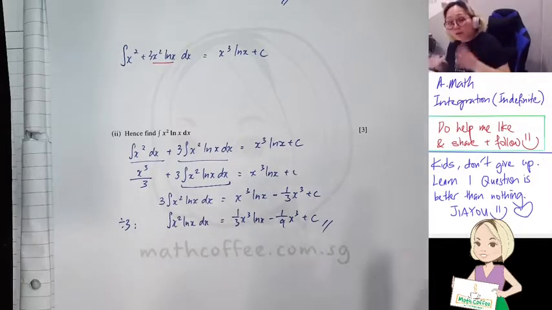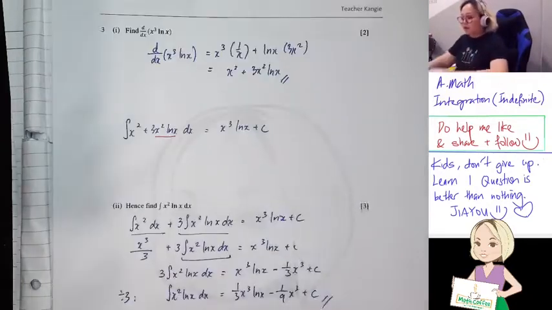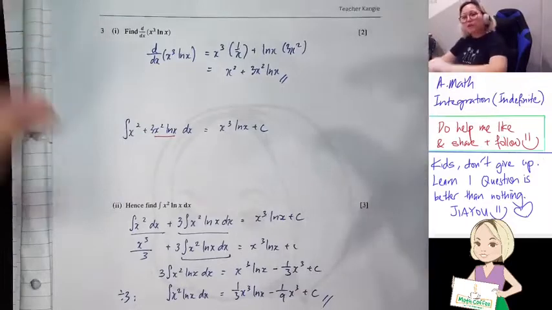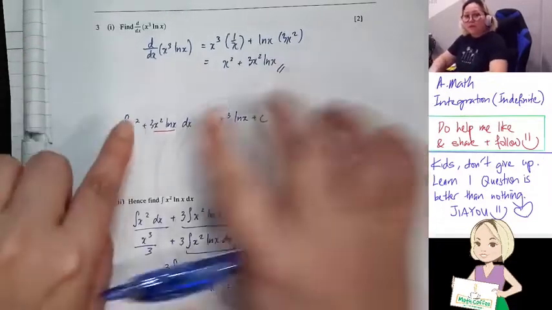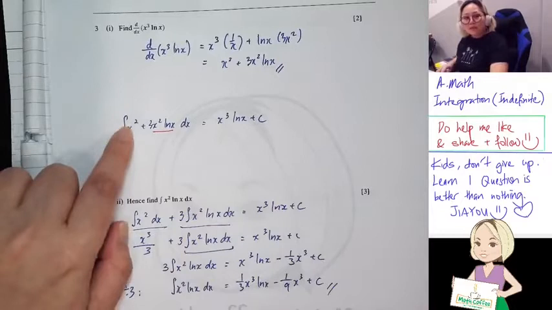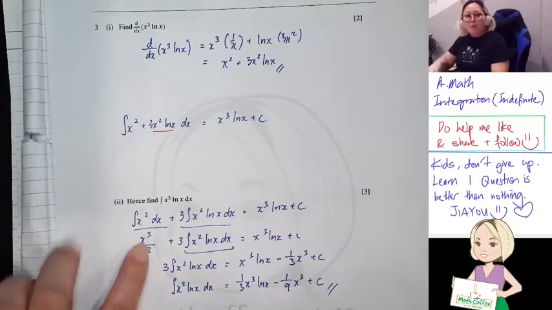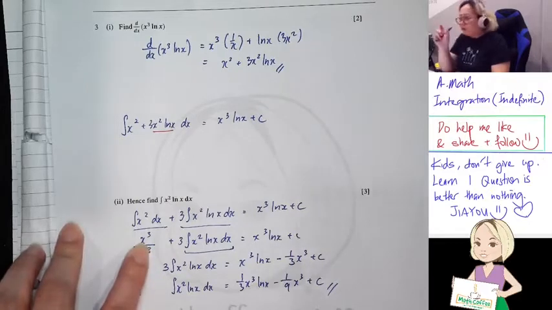This is an important question. They will always come out this kind of question, which is you need to differentiate, use a reverse, and do the integration. And a lot of times, the reverse will have more than 1 term. So for this case, there are 2 terms. 1 term you can integrate as per normal. And 1 term will be the term that you are interested in.